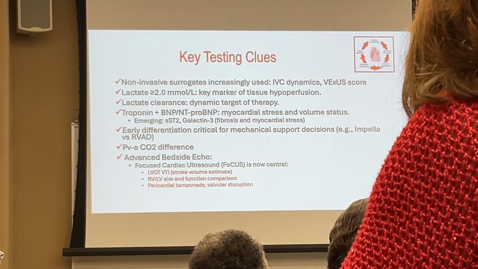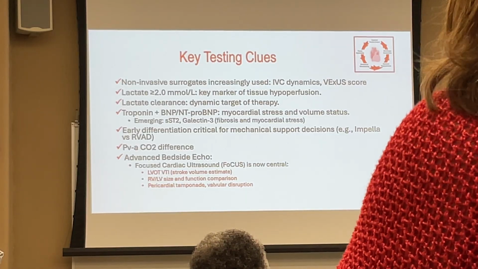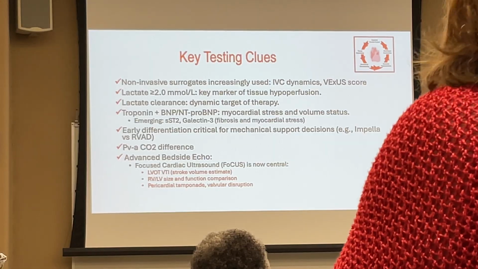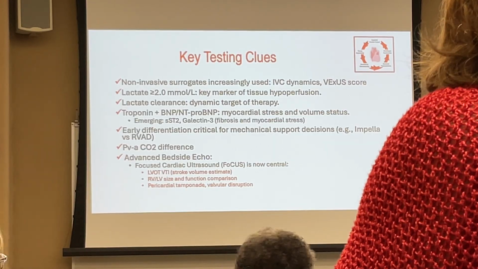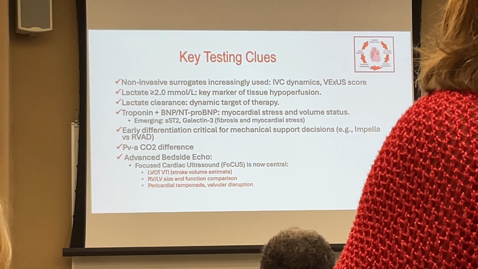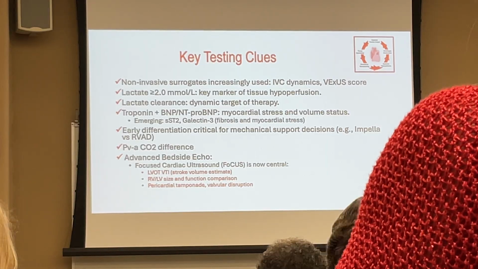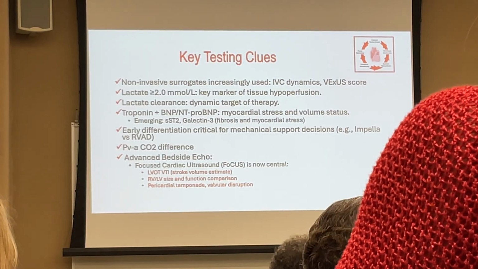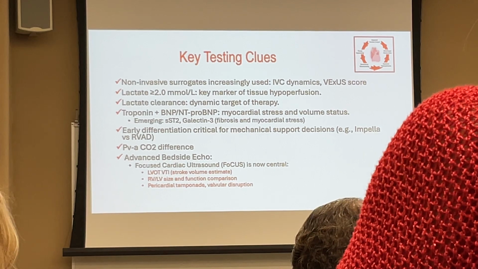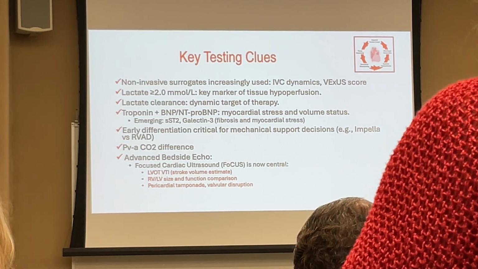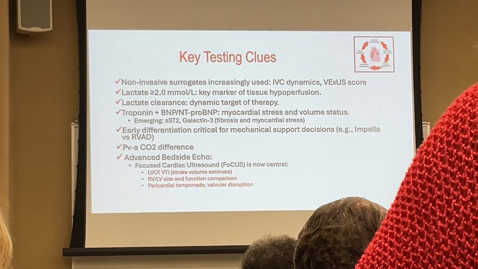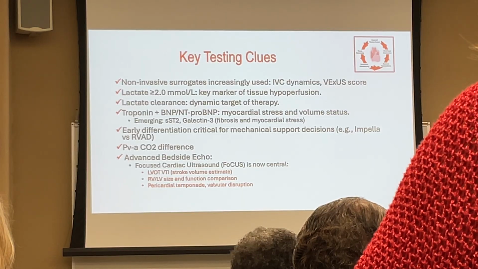Okay, all that is mechanical support, right? And the decision that I make is really going to be based on where I think this patient is, right? For me, balloon pump is great because it's available all over the place, but it's not really very effective. I really want you to have an Impella, if I can. I don't place them, but I advocate for them a lot, and we do them fairly often.